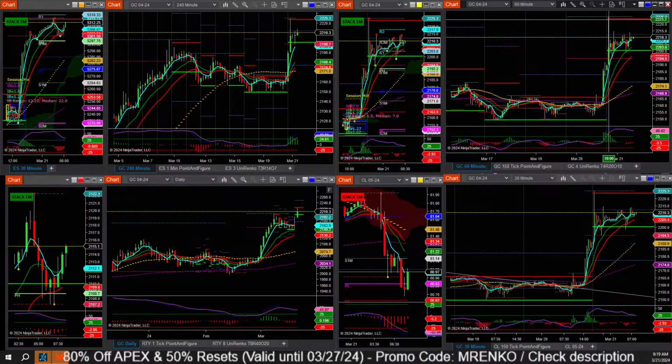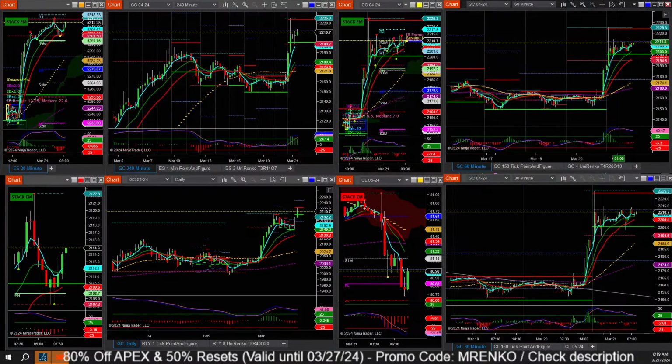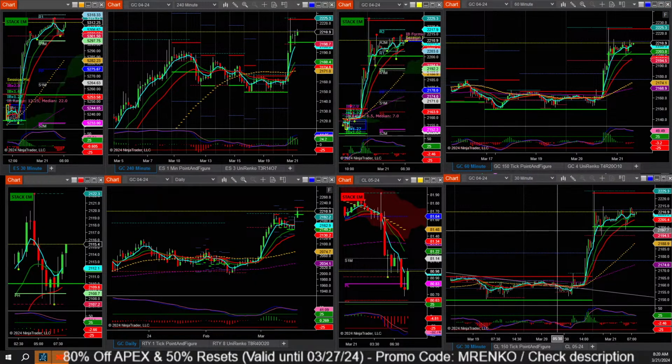Went over there in the 60, made this big topping tail, and then came back, but it's structurally still moving, averages are stacking to the upside, and forming a range here that easily can go all the way up to 22.23. The problem on gold today is that it's already at 50, so we need to be looking at the setups, but it's still bullish.